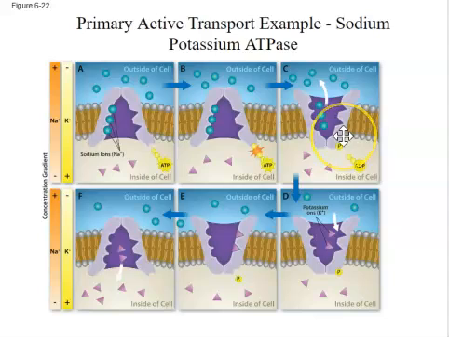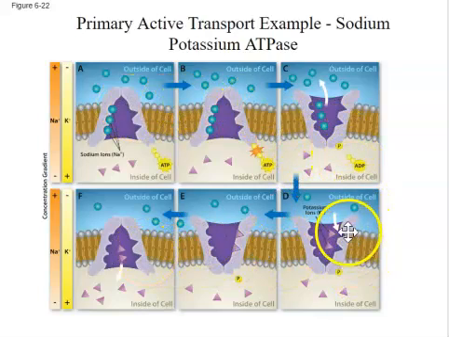That attachment triggers a conformation change so that the protein closes on the inside of the cell and opens on the outside, releasing these sodium ions. Once the sodium ions are gone, notice this figure goes in a circle, all right?